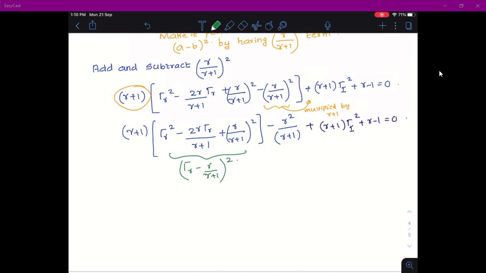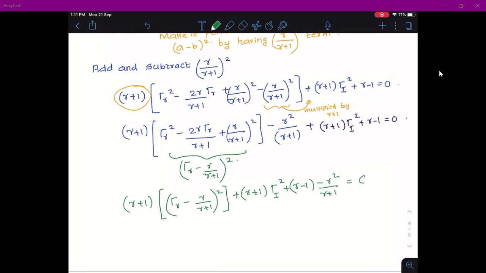So I can write it as r plus 1 into tau r minus r by r plus 1 whole square plus r plus 1 tau I square plus r minus 1 minus r square by r plus 1 is equal to 0.